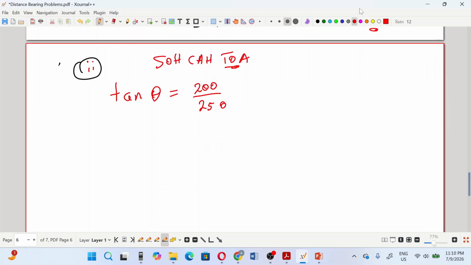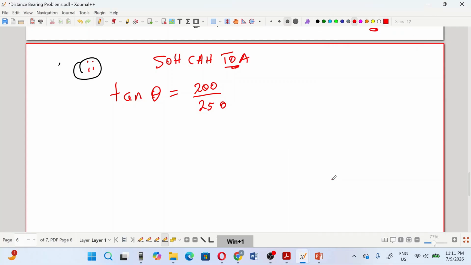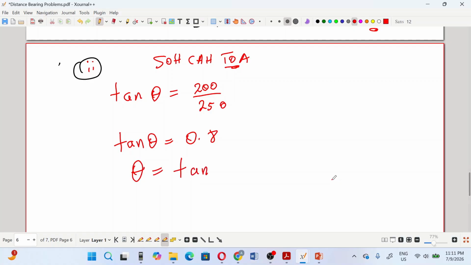All right, so let's move on here. I'm going to clear, I have 200 divided by 250, which is 0.8. So now I know my tan theta is equal to 0.8. Right, so if I want to get theta by itself, then I have to take tan inverse. So theta is going to be equal to the tan inverse of 0.8.